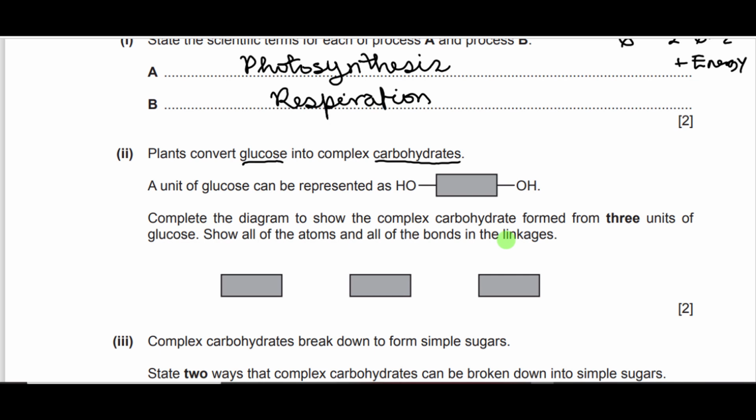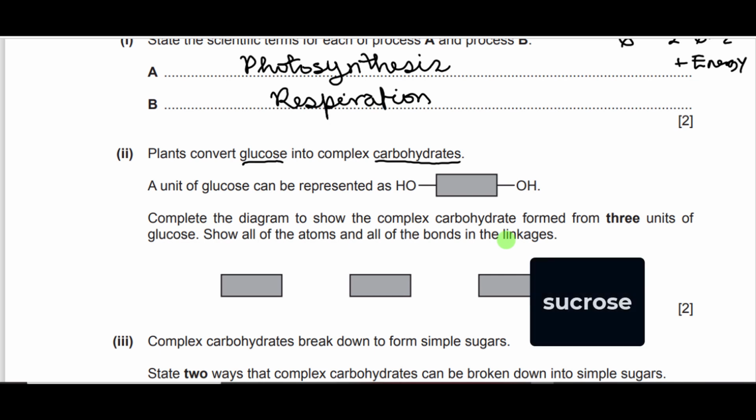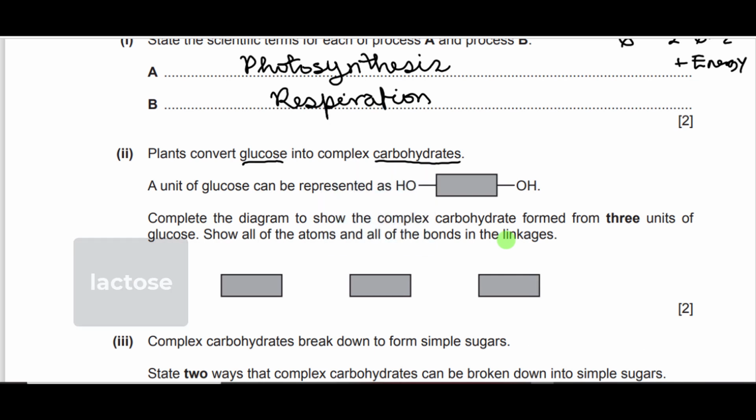Starch is a polysaccharide, a complex carbohydrate. Other complex carbohydrates are cellulose, glycogen, chitin, and so on. Other simple carbohydrates like glucose are fructose and galactose. We have the disaccharides: sucrose, maltose, and lactose.